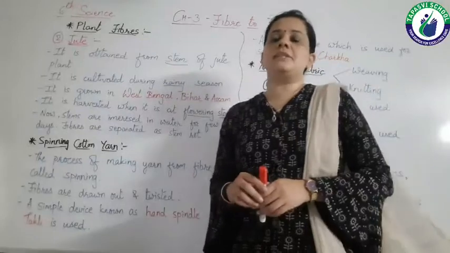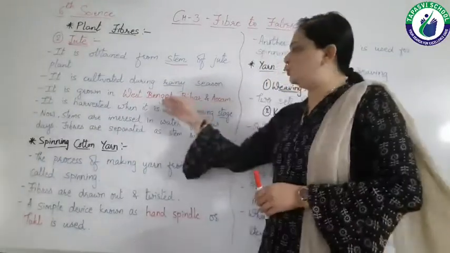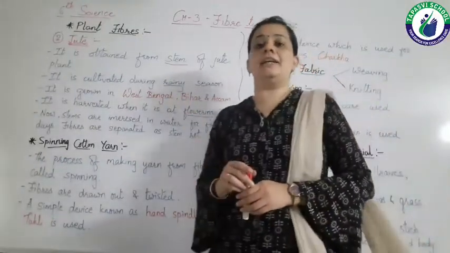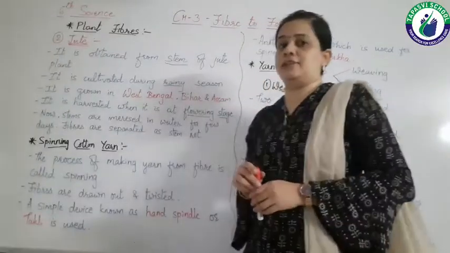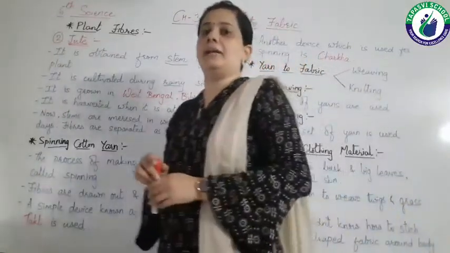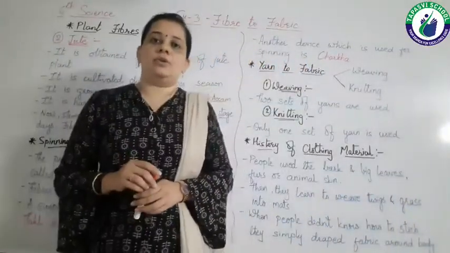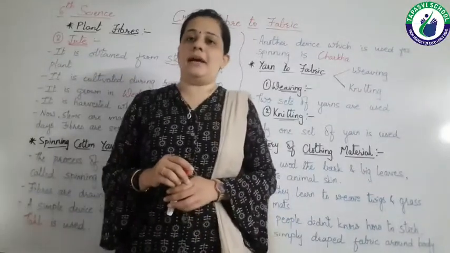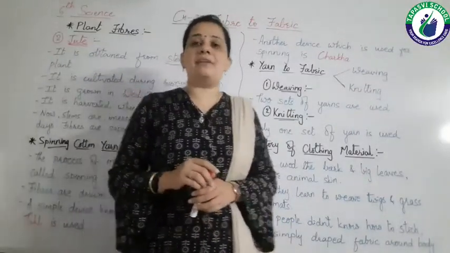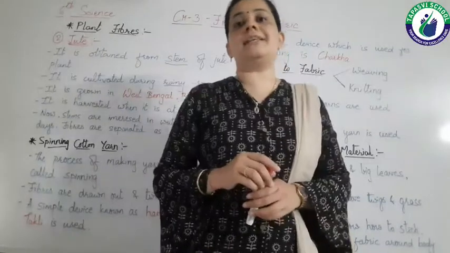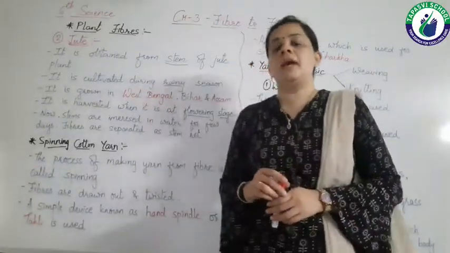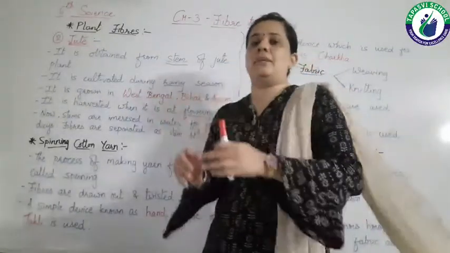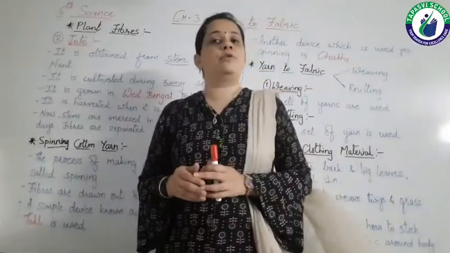Let's repeat once again. The jute plant is harvested at its flowering stage. Meaning when this plant gets flowers, okay, this jute plant is harvested. Now this harvested jute stem is immersed in water, meaning we are soaking the stem inside the water for a few days.